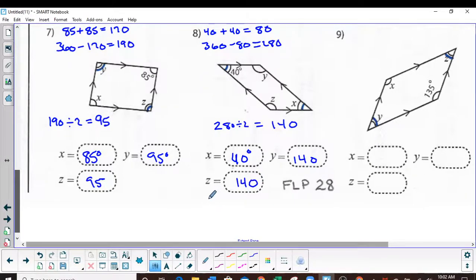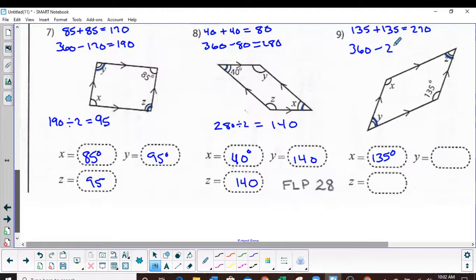Okay, last one. We see a given of 135. The opposite angle is x, so we know x is equal or congruent. Opposite angles are congruent in all parallelograms. Okay, so let's add those two. I have 135 plus 135 gives me 270 existing degrees. All quads are equivalent to 360 for four angles.